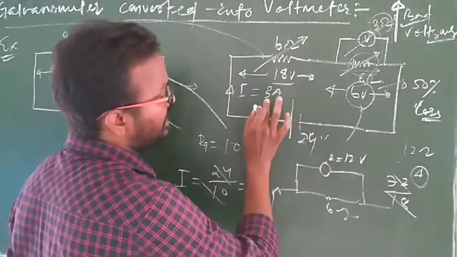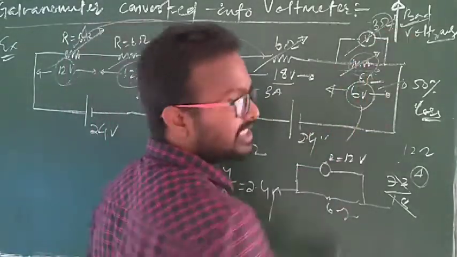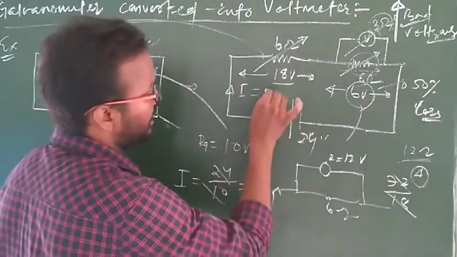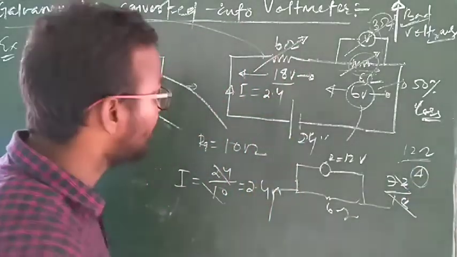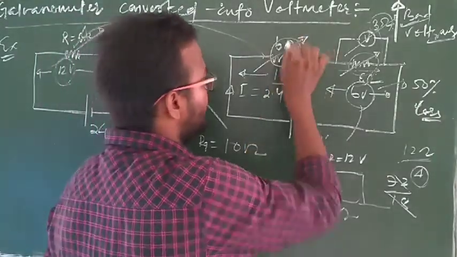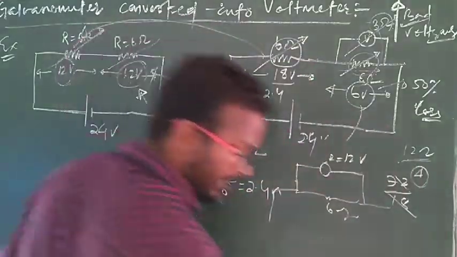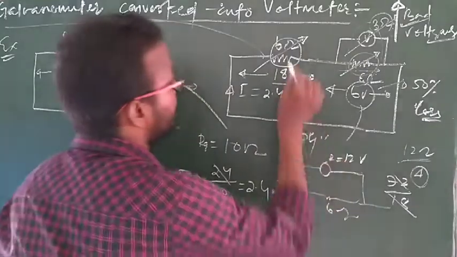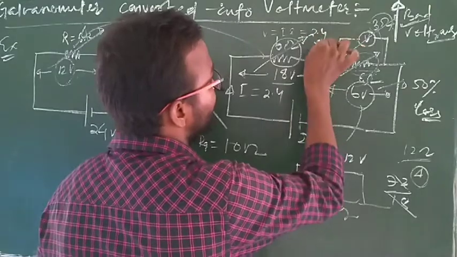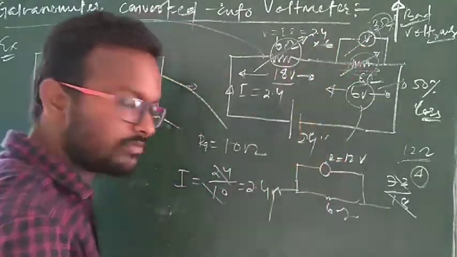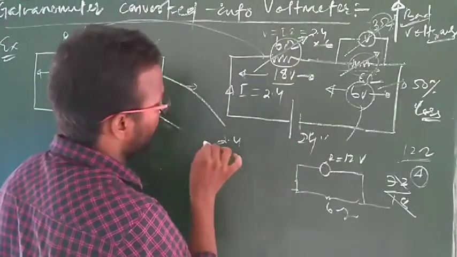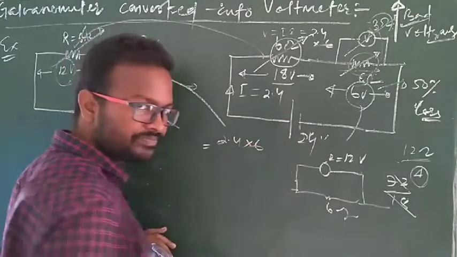That means initially the current was 3 ampere when the resistance was 3 ohm. When the resistance of the voltmeter is 12 ohm, the current through the circuit is 2.4 ampere. For 2.4 ampere, the 6 ohm resistor drops a potential V equals IR, that is 2.4 into 6.